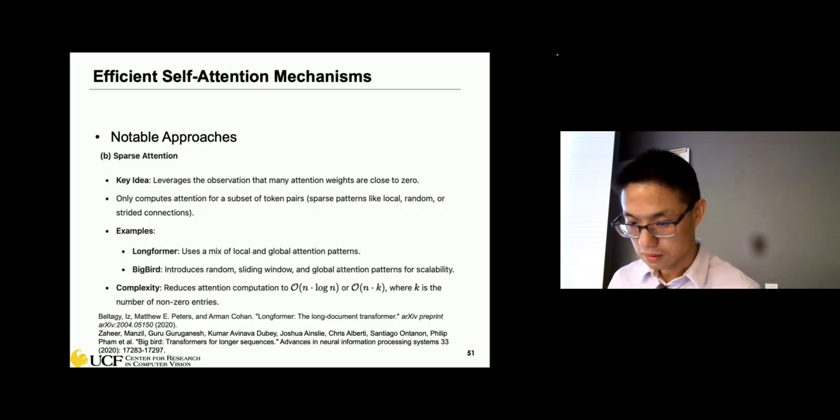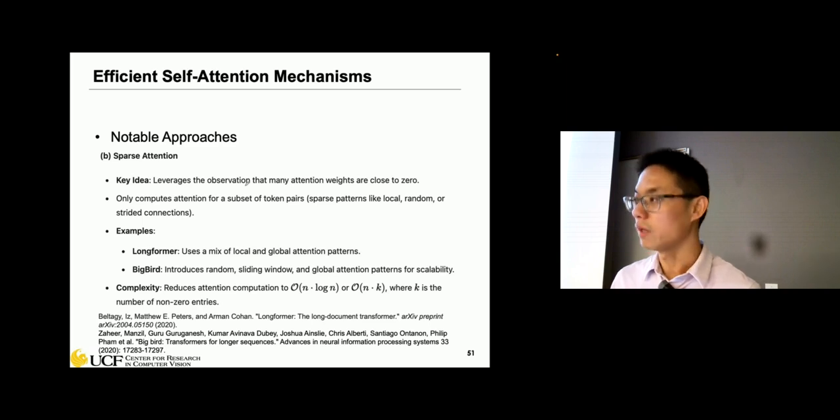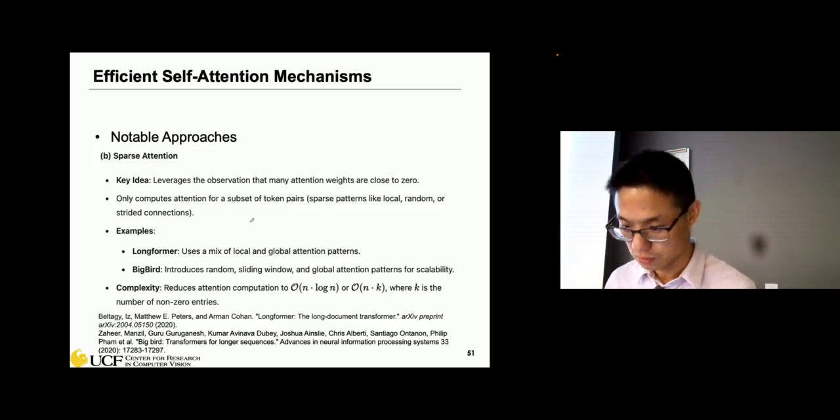Another approach is sparse attention: some of the attentions may have weights close to zero, so we don't have to compute those. We can use a sparse pattern to do the computation and reduce the complexity.